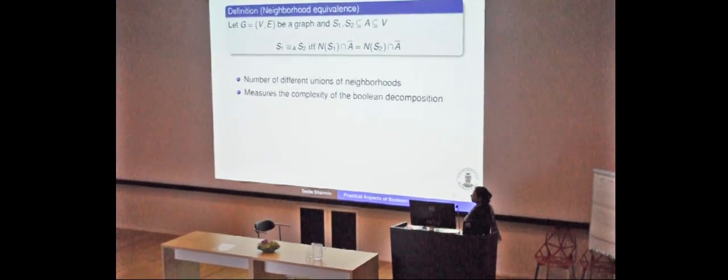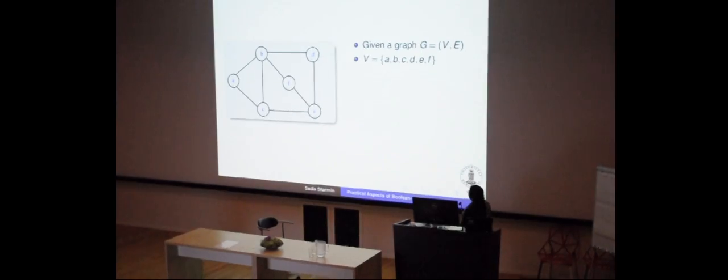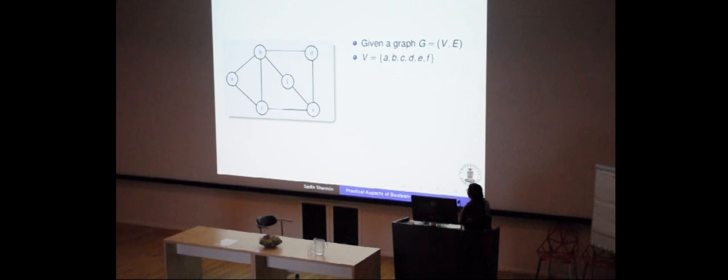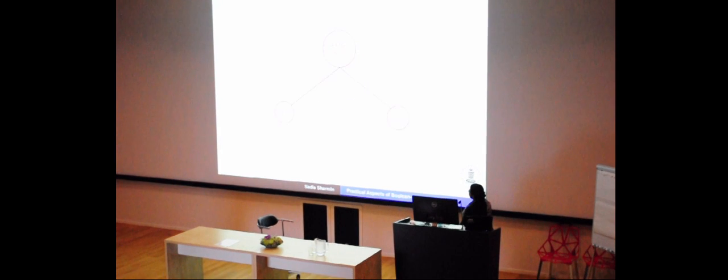Let's have a detailed look at the Boolean decomposition tree. So given a graph, it starts out with all the vertices in the root of the decomposition tree.